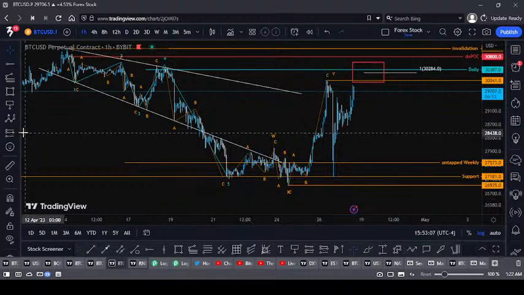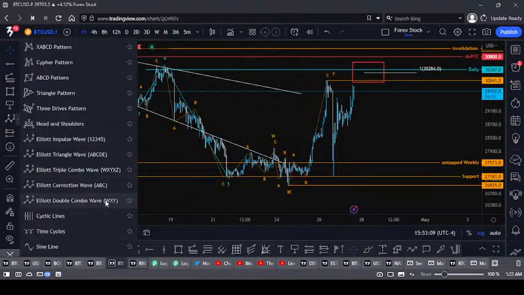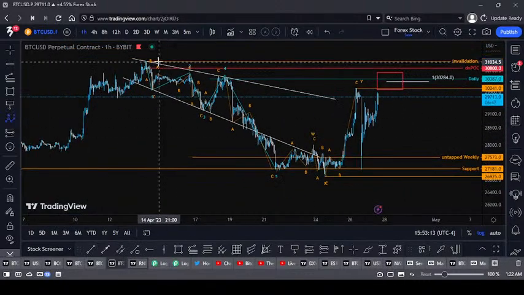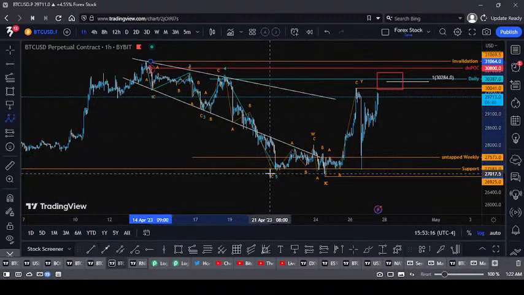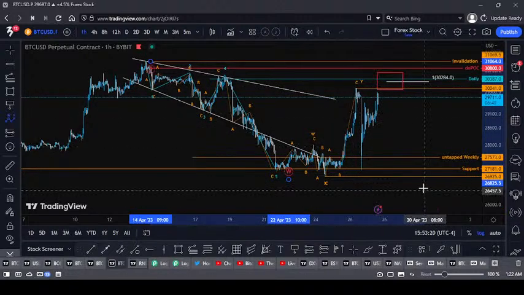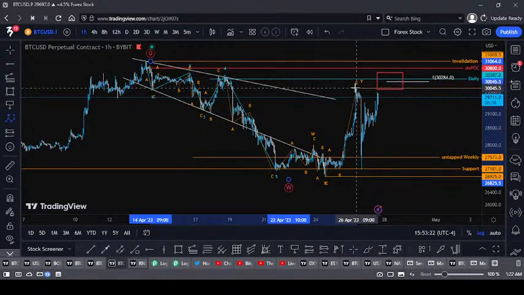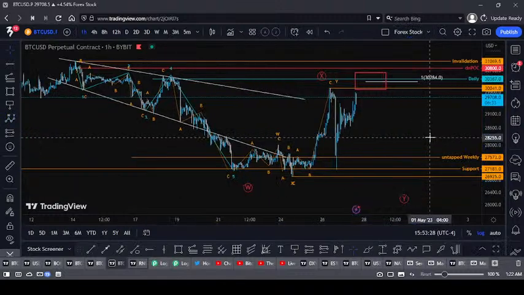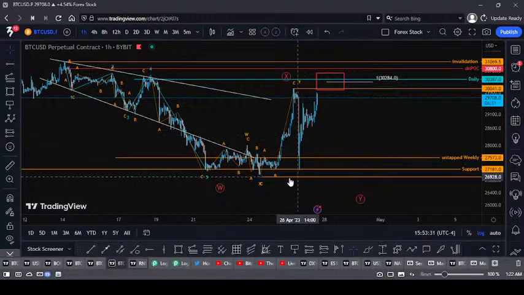You can see the corrective. Most of the people are counting it as A, B, and C to the downside, but I'm counting it as W, X, and Y for the wave 2.